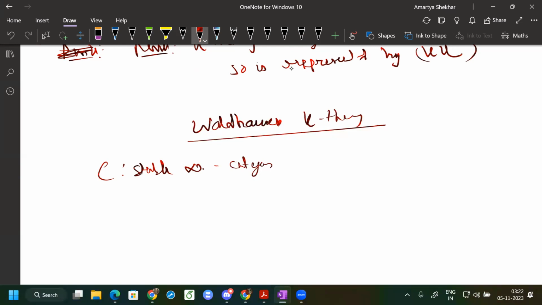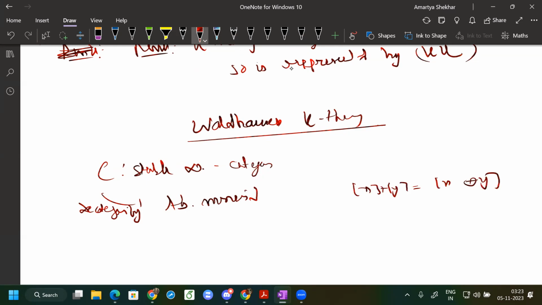The decategorification actually has the structure of a commutative monoid. You have an abelian monoid that basically comes from the biproduct that you have. This is the way you define it. We can then pass to the Grothendieck group to get an abelian group.